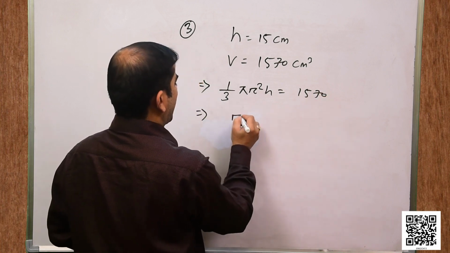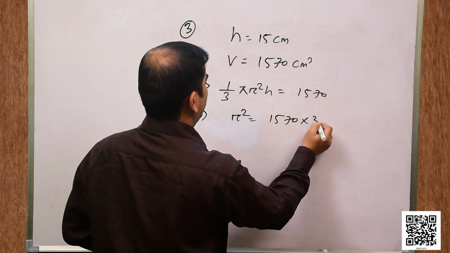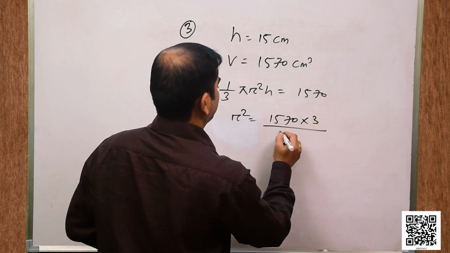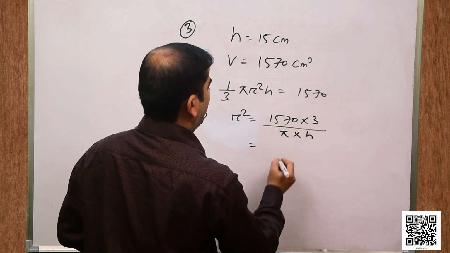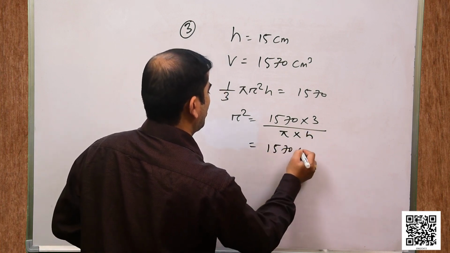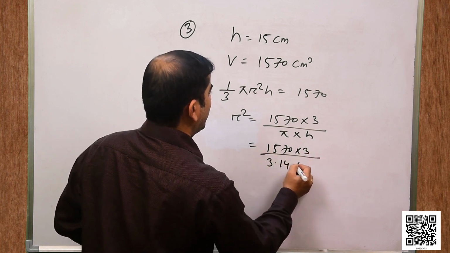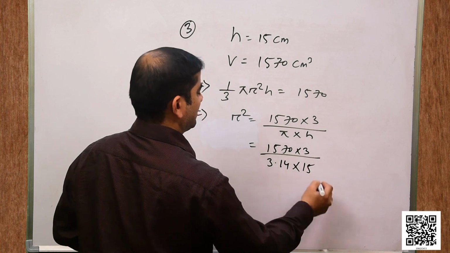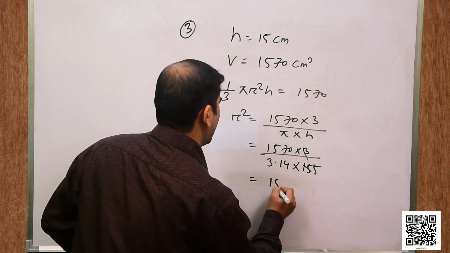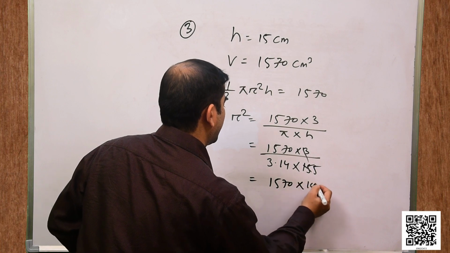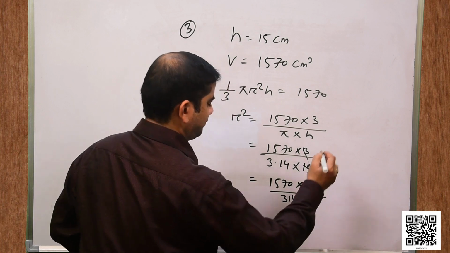That implies r square is equal to 1570 into 3 divided by pi into h. What are the value for pi and h? 1570 into 3 divided by 3.14 into height is given as 15. So, 3 5s are 15, that is equal to 1570 into 100 divided by 314 into 5.